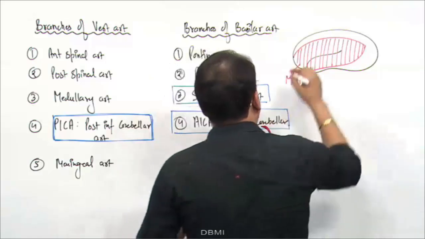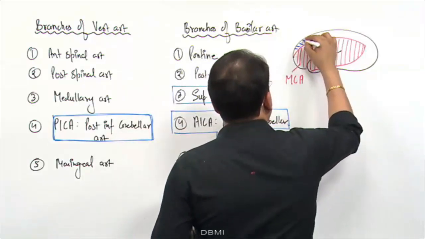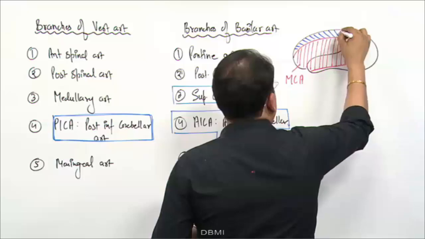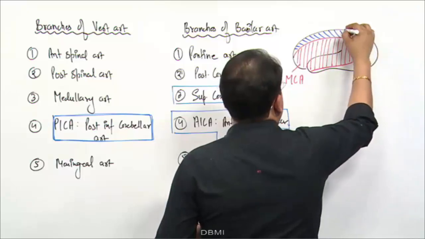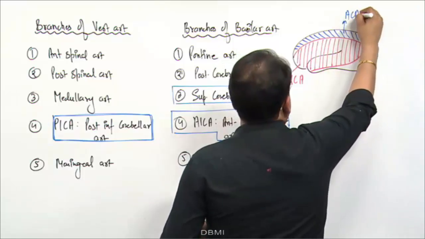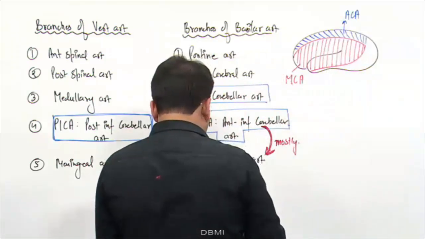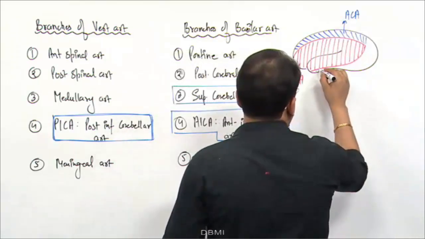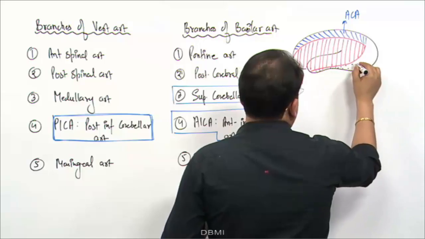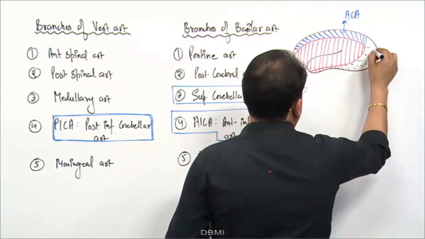Only a thin strip along the upper border is by the anterior cerebral, and the occipital lobe and occipital cortex are all about the posterior cerebral artery.